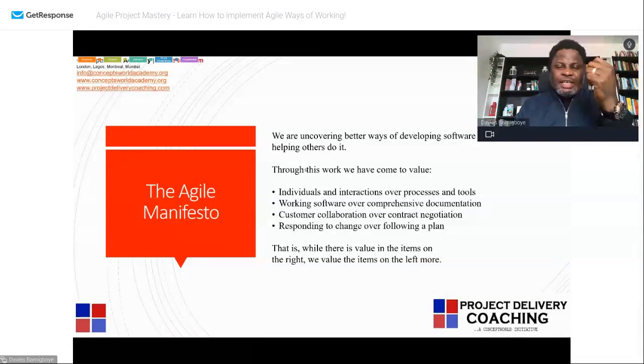The other point, in the second point here, is working software, which means the value that you're adding to the customer is actually the work that you are doing for the customer. So there's no point in having 1,000 reams of document that does not prove anything compared to I can actually open up the page and do something with what the customer says I should do.